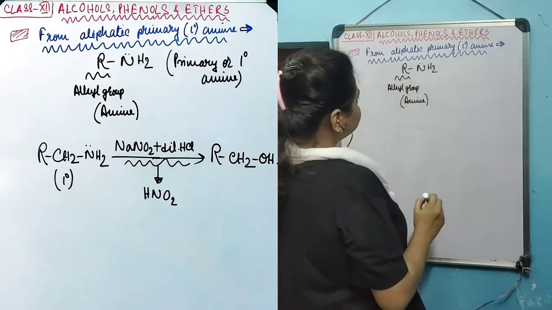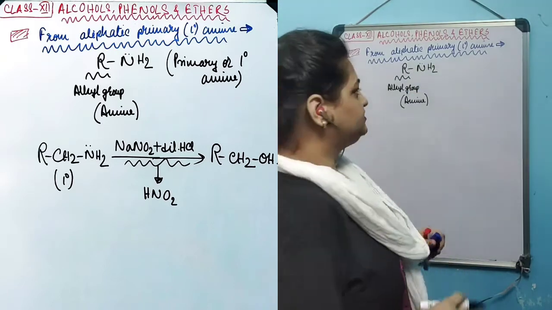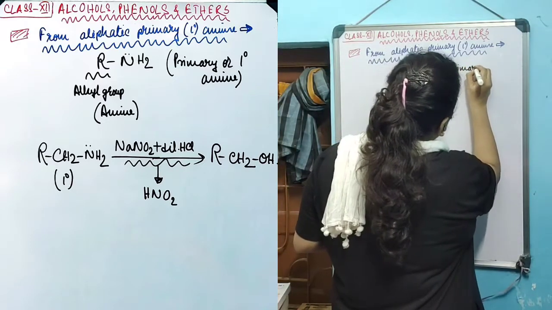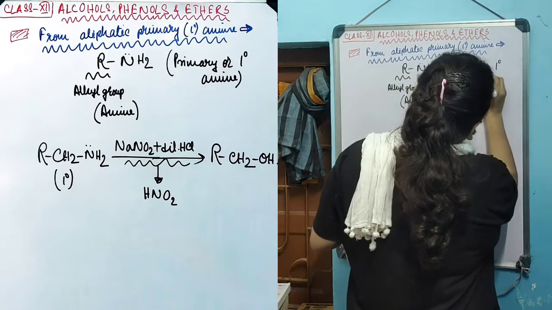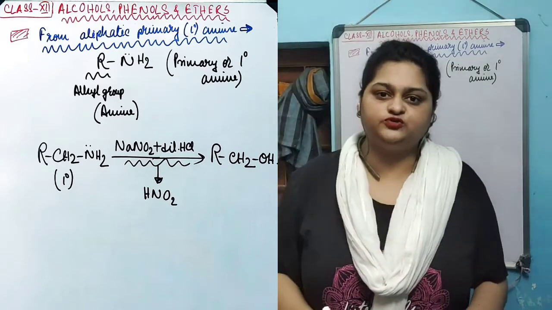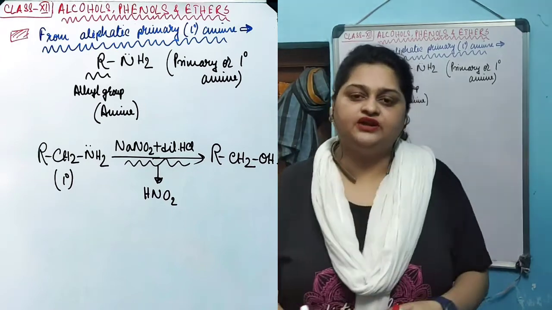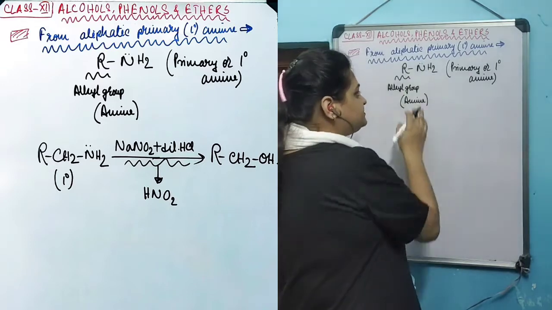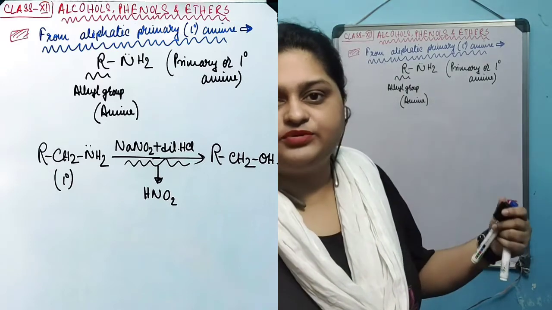The nitrogen in this amine contains more than one hydrogen, which is why this kind of amine is known as primary amine or 1-degree amine. In this example, nitrogen contains two hydrogens, so the generalized amine that I drew is an example of a primary amine.